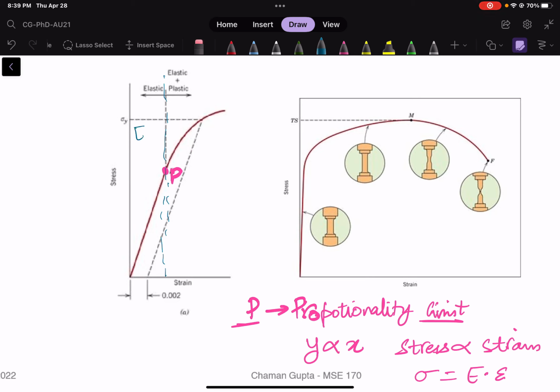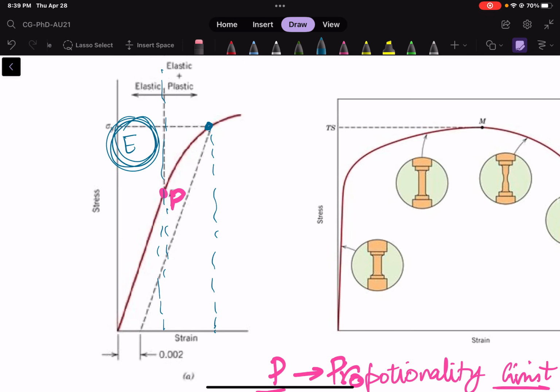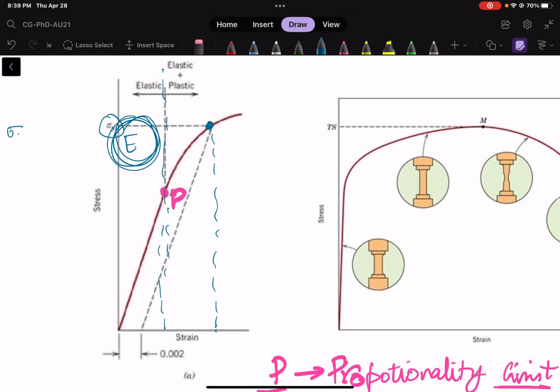And till this point, keep in mind, you have only elastic behavior. But after this point, till the yield stress, sigma y, which is marked here, this is referred to as the yield stress or the tensile stress. You could use any word.